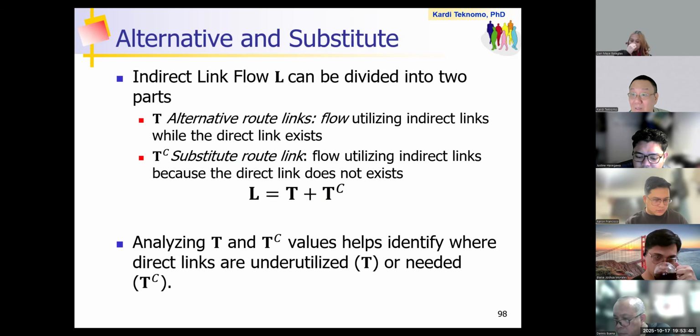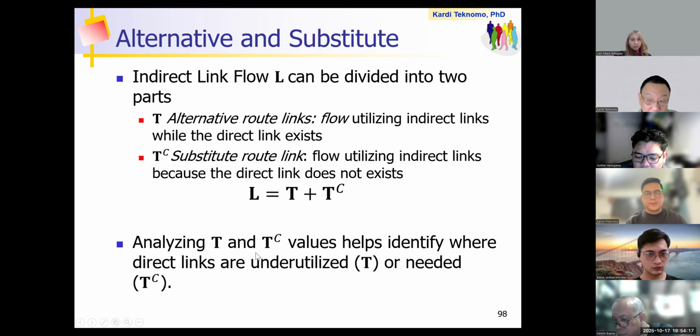Now you can also divide the indirect link flow into two parts, alternative route and substitute, TC or S a while ago. Alternative route means it utilizes an indirect link, but a direct link actually exists. Substitute route means only an indirect link, because there is no direct link.